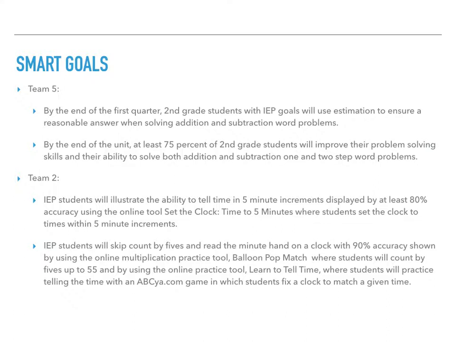She also chose the goal: IEP students will skip count by fives and read the minute hand on a clock with 90% accuracy, shown by using the online multiplication tool Balloon Pop Match, where students count by fives up to 55, and by using the online practice tool Learn to Tell Time, where students will practice telling time with an abc.com game in which students fix a clock to match a given time.